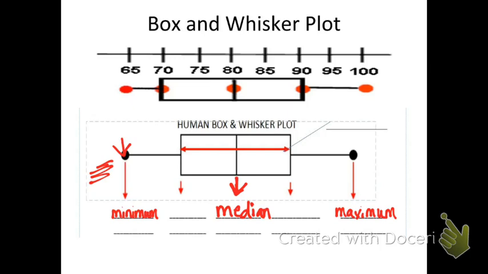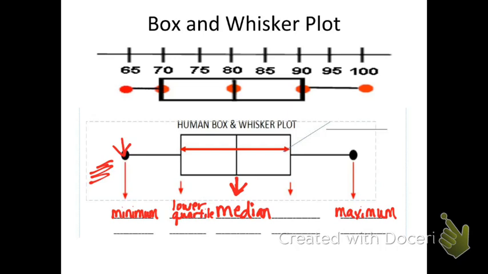This one between minimum and median is about the lower numbers, right? The lower on the number line. So we call it the lower quartile. Now, you're going to have to get used to that word. You're going to hear quartile quite a bit. And quartile, quart means what? What does that prefix mean? 4.